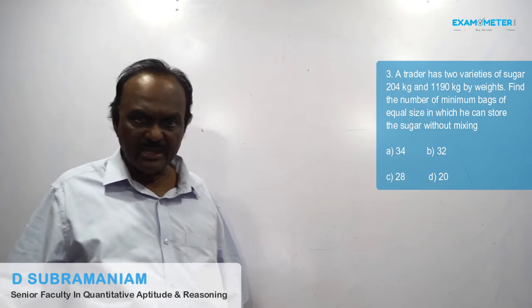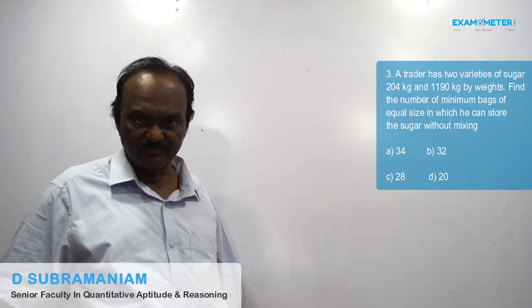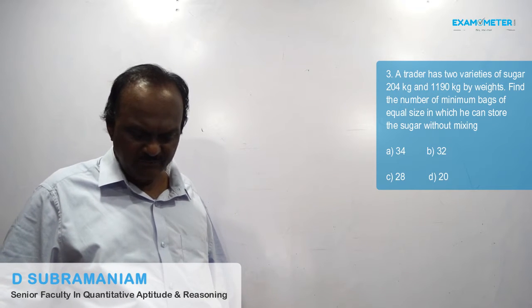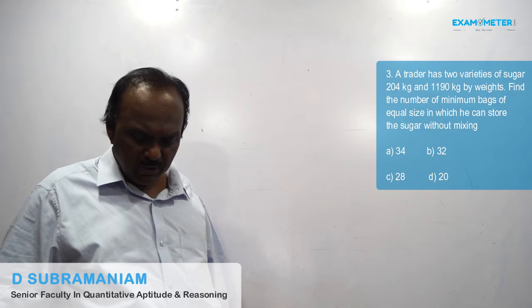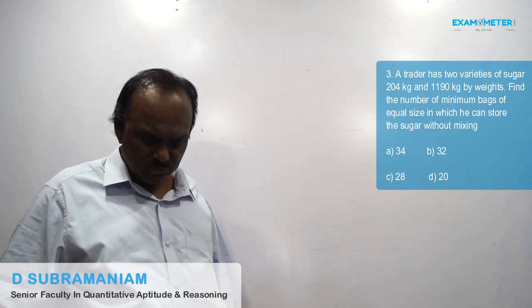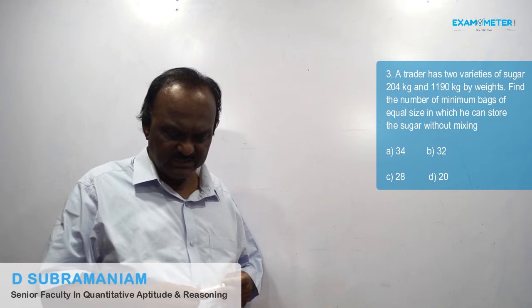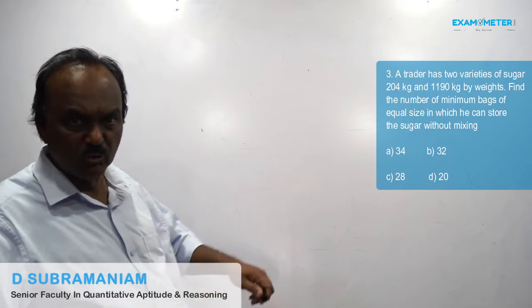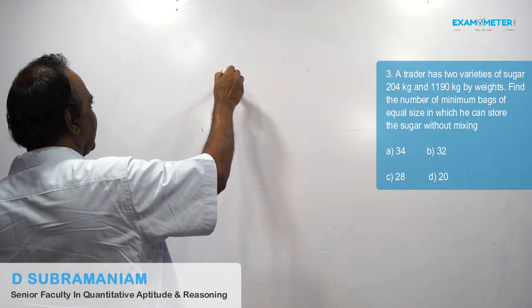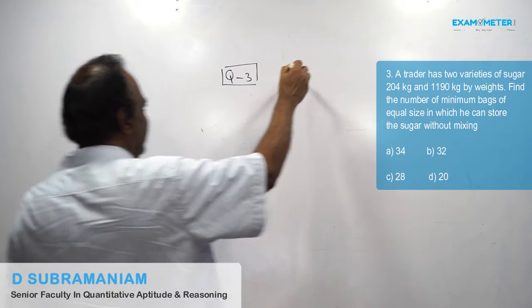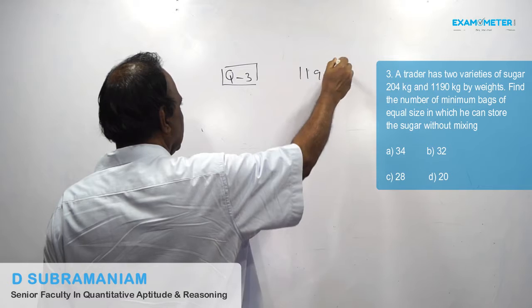A trader has two varieties of sugar, 204 kg and 1190 kg by weights. Find the number of minimum bags of equal size in which he can store the sugar without mixing. We have to find out the HCF of 1190 and 204.